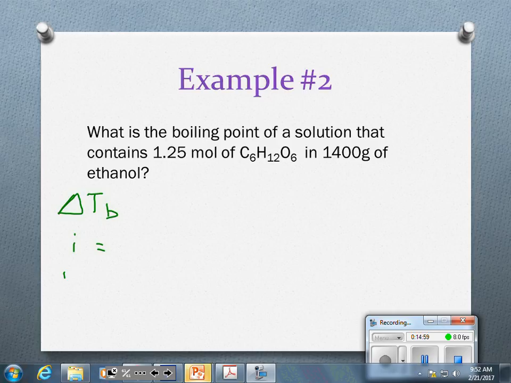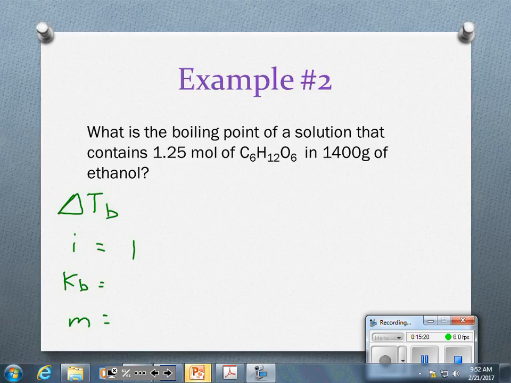I, K sub B, molality. Well, what is Van Hoff's factor for this problem? 1. Why is it 1, Kyle? I'm dealing with something that is molecularly bonded.